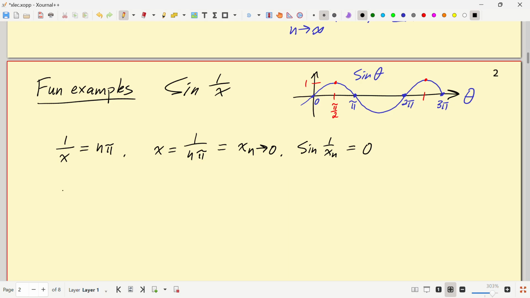And now here's another sequence. Let's take 1 over x equal to the places where the sine is 1. The first one was pi over 2. How about I start with 2 pi times n plus pi over 2?